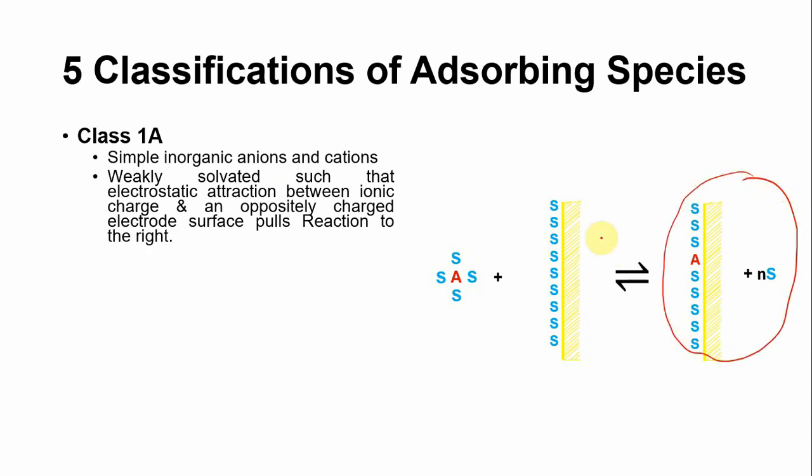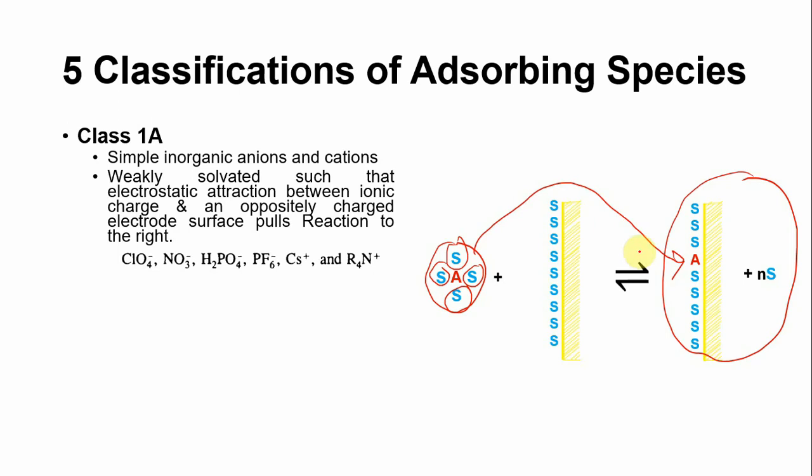That is when it is weakly solvated. So this is basically a solvated ion, and if it has a tendency to lose these solvent molecules easily, then it can go and easily adsorb on the surface of the electrode.